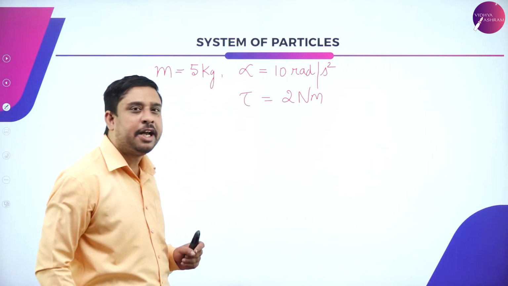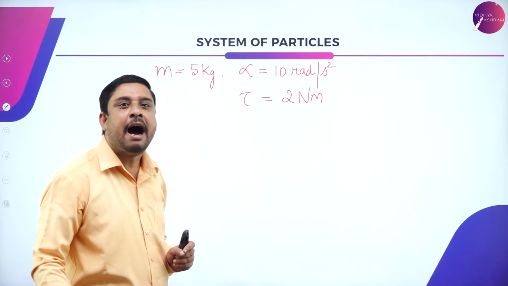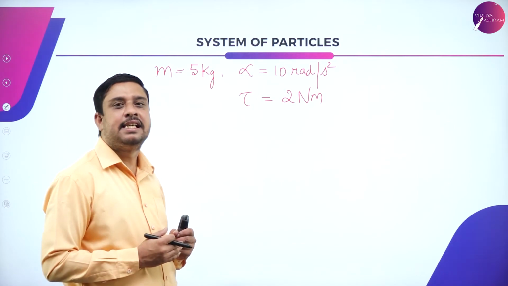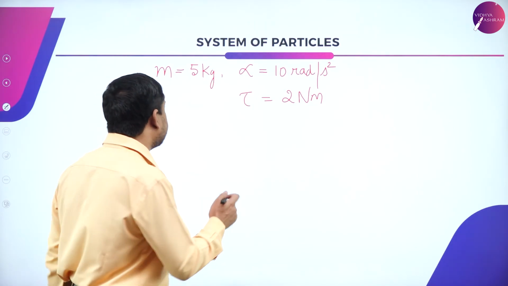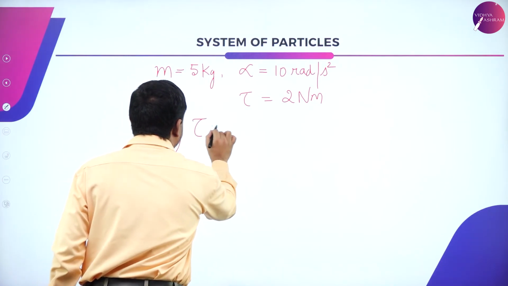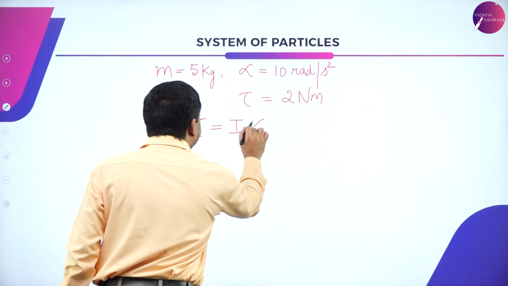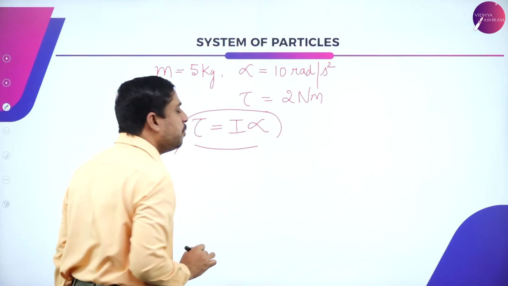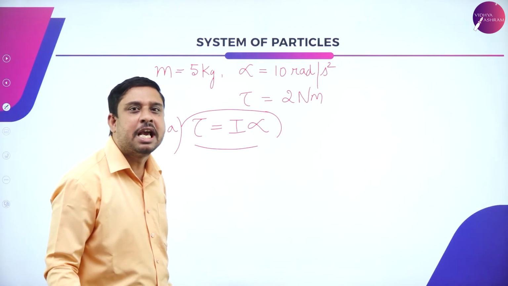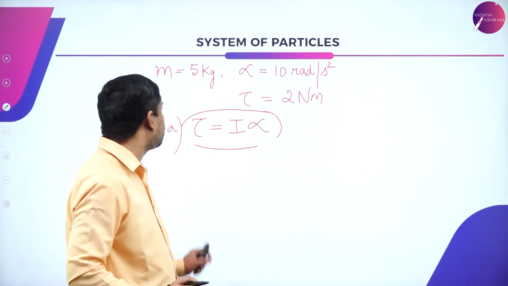Always remember, when alpha and tau are given, angular acceleration and torque, tau is always I times alpha. Please know this relation between torque, inertia and angular acceleration.